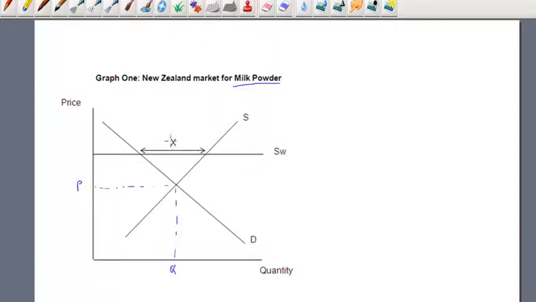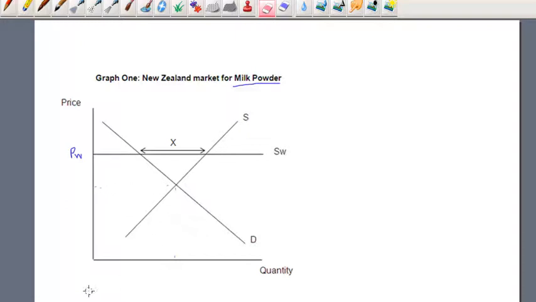So the price that the market faces is the world price, and that's the price there. This New Zealand price, which some of you got a little bit confused with, is not of any relevance, and neither is that particular quantity. So that part of your analysis can come out, and those of you who did that need to reflect on it now.